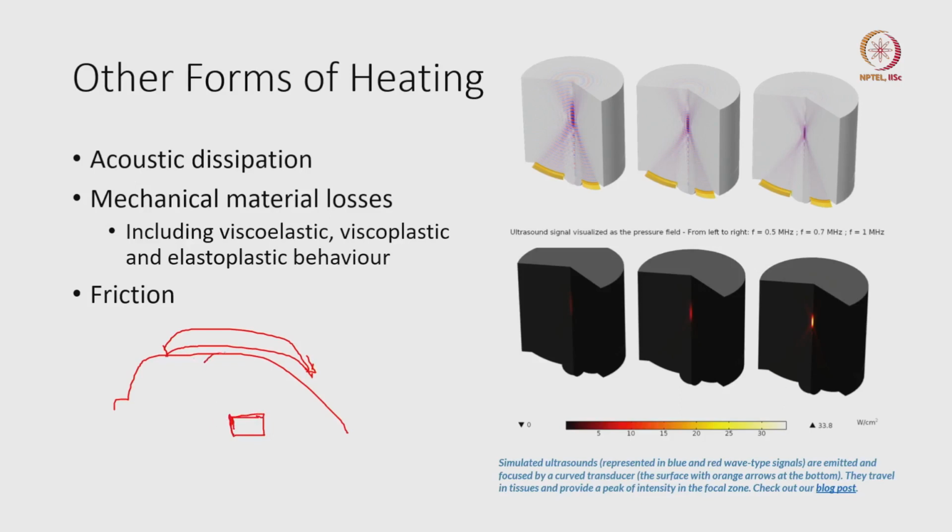So if this is the brain tissue and you have an ultrasound transducer like this, you can launch this ultrasound radiation, which gets focused somewhere over here. Okay, and you can see this is the focus area.